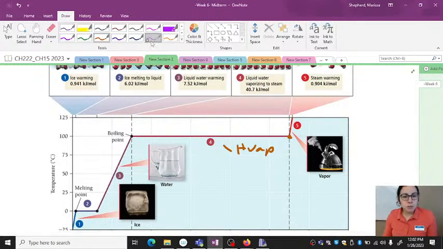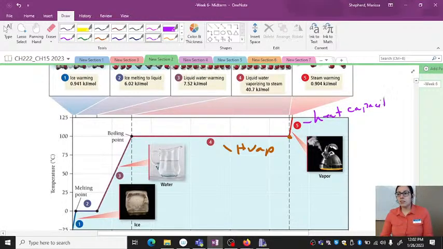Heat capacity once again. And what phase of matter are we in? Yeah, gas, so perfect.